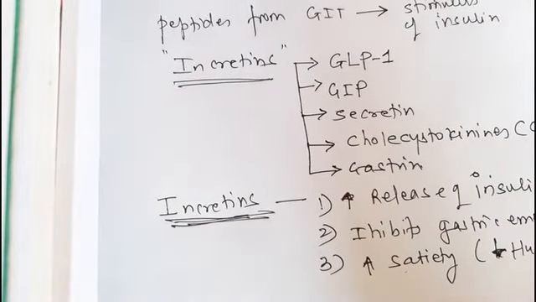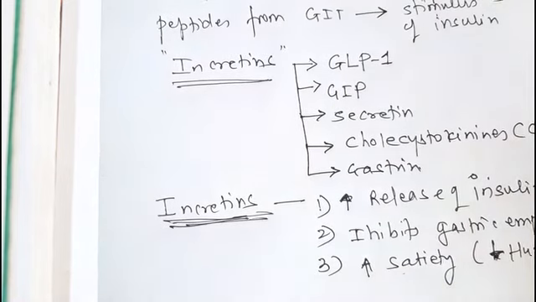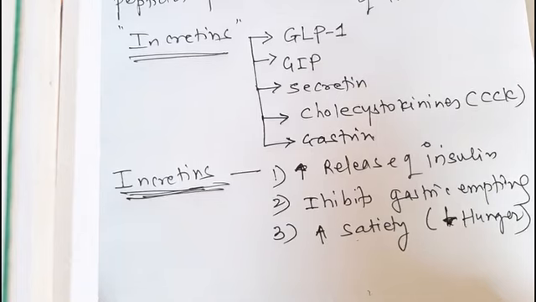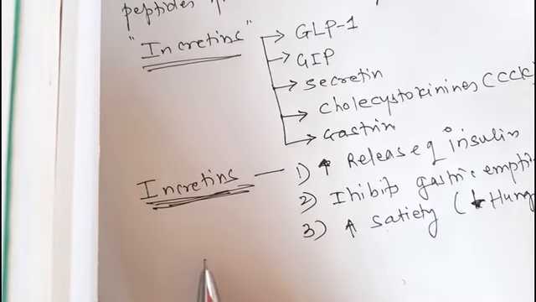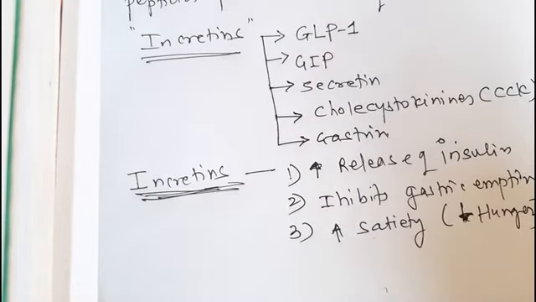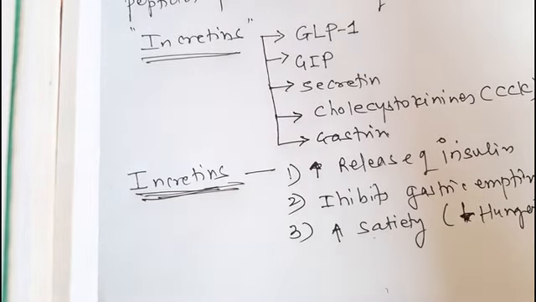So these incretins are used for the treatment of diabetes mellitus, and there are some drugs which act as incretins. They stimulate the secretion of insulin and can be used as anti-diabetic oral drugs for the treatment of type 2 diabetes.